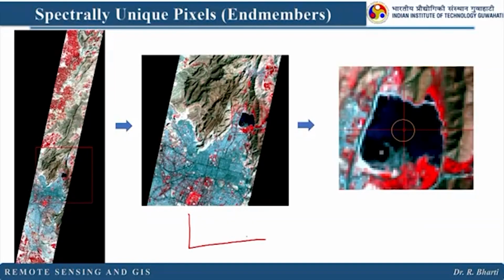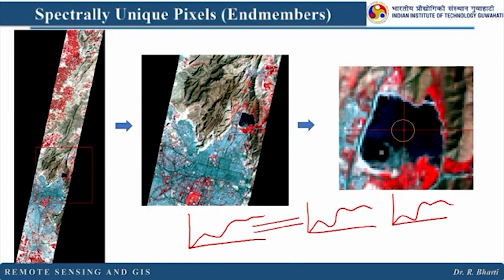investigation, right. So, this is the spectra of vegetation from field and this is the spectra of vegetation from lab, right. You see there may be a slight difference between these, right.